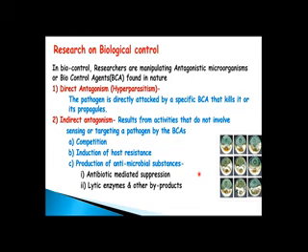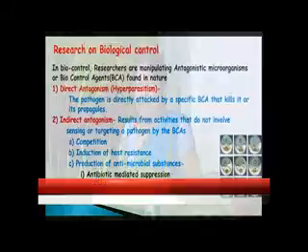Indirect antagonism results from activities that do not involve sensing or targeting a pathogen by BCAs. It has competition, induction of host resistance, production of antimicrobial substances, antibiotic mediated suppression, lytic enzymes and other byproducts.